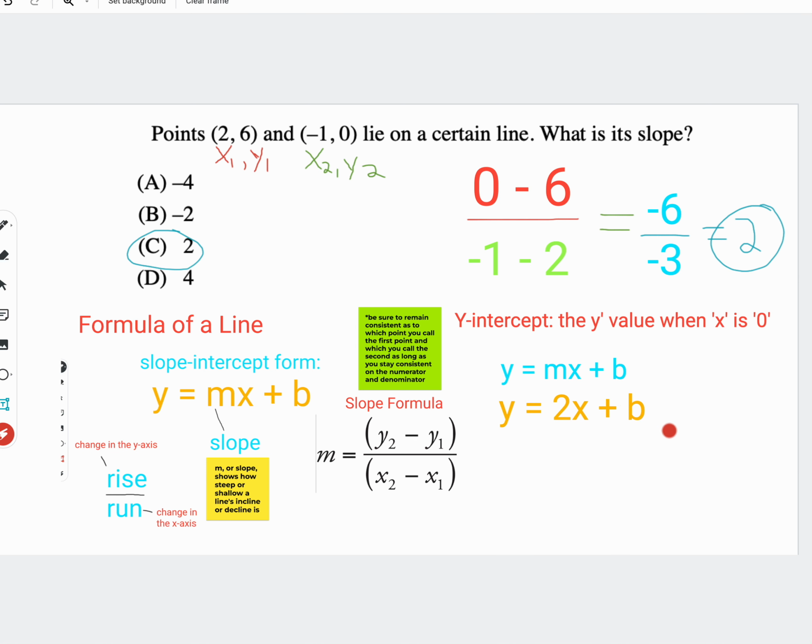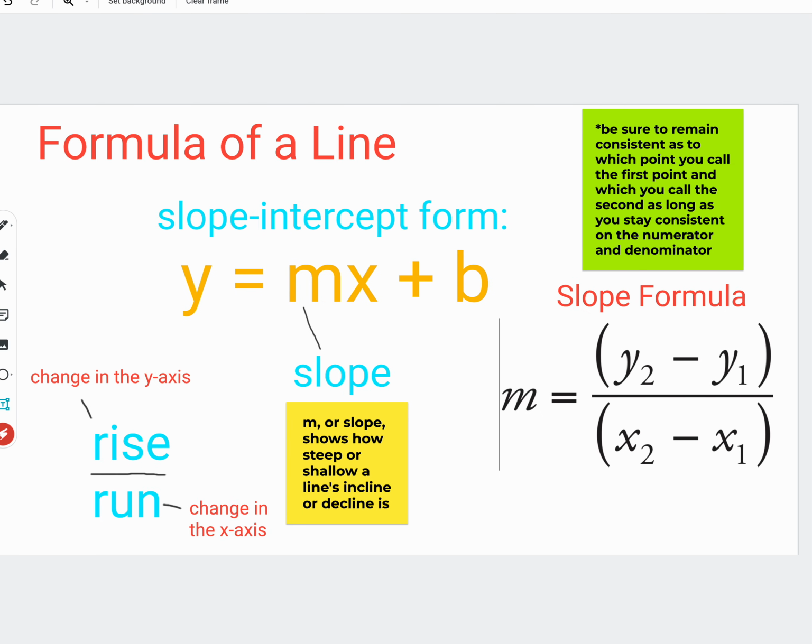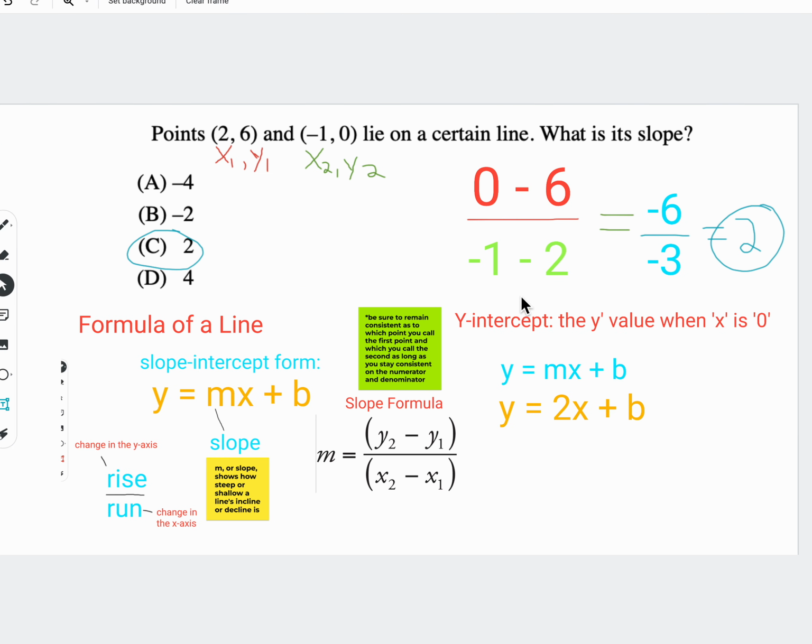Now we have a formula. We have a line forming here. We're going to solve for b. B is our y-intercept. This is where the line crosses the y-axis.